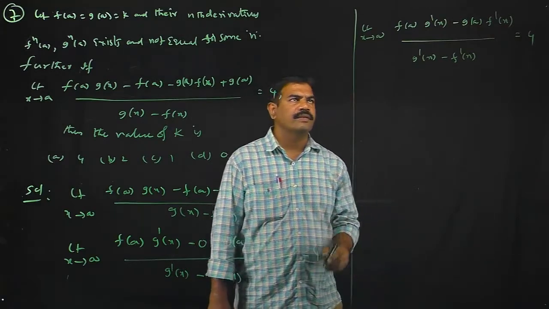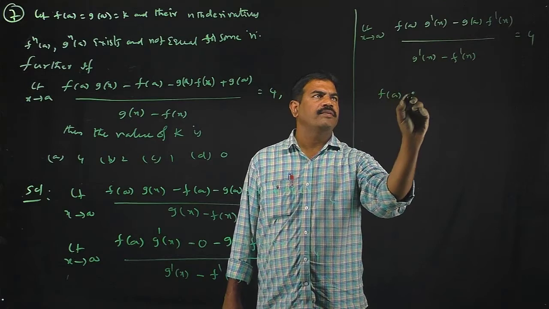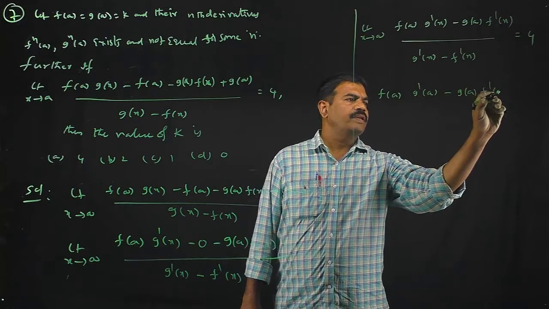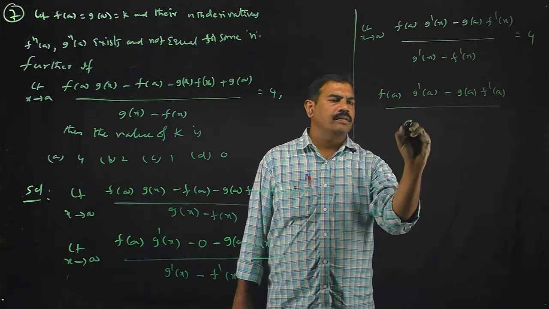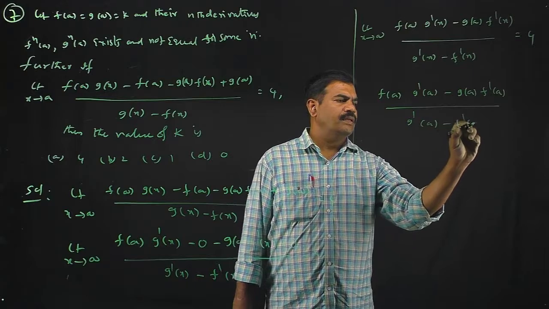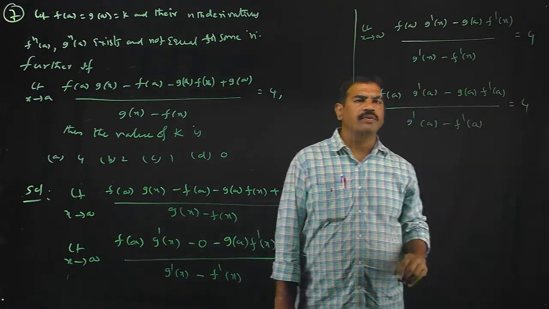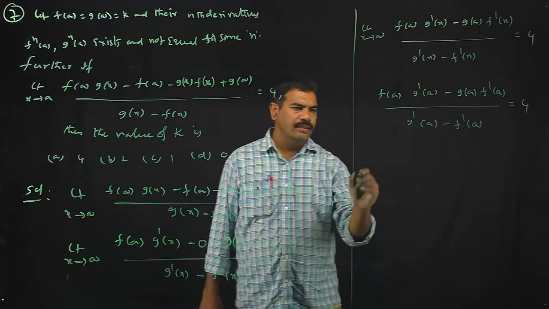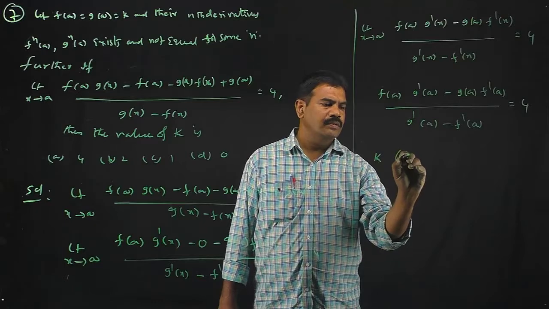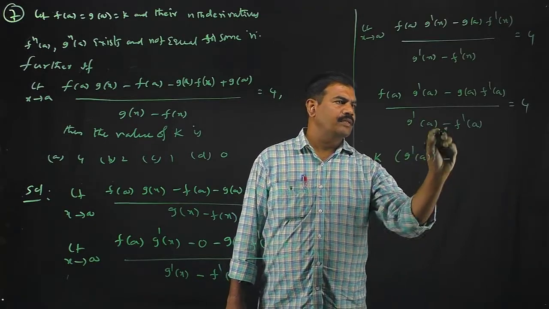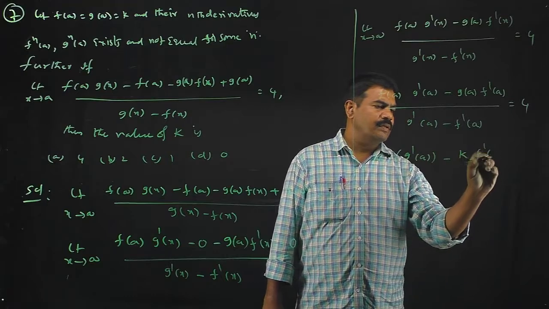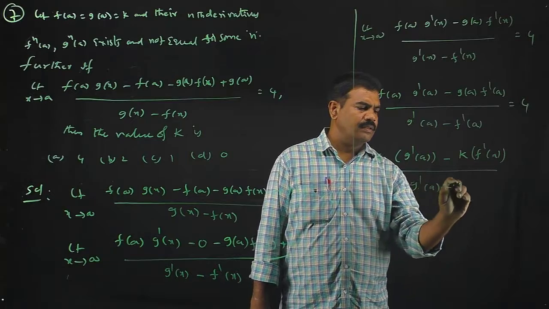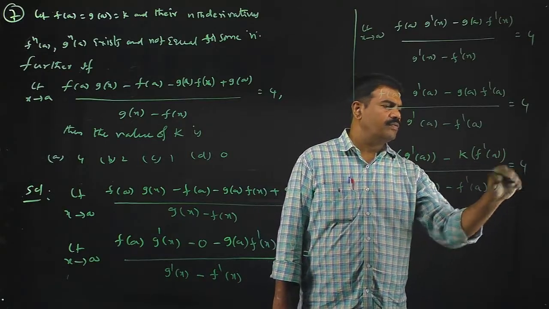Now we apply the limit, that is f of a into g dash a minus g of a into f dash a by g dash a minus f dash a is equal to 4. Already given both f of a and g of a are equal to k, that is k into g dash a minus k into f dash a by g dash a minus f dash a is equal to 4.